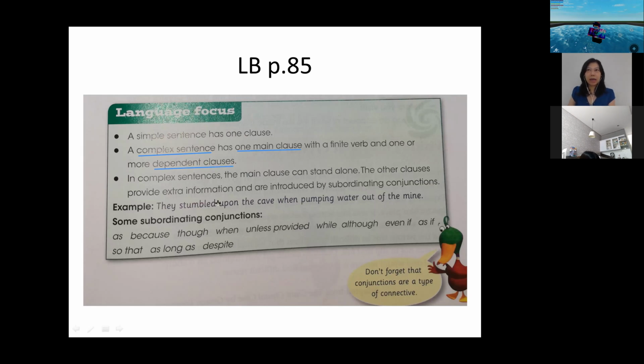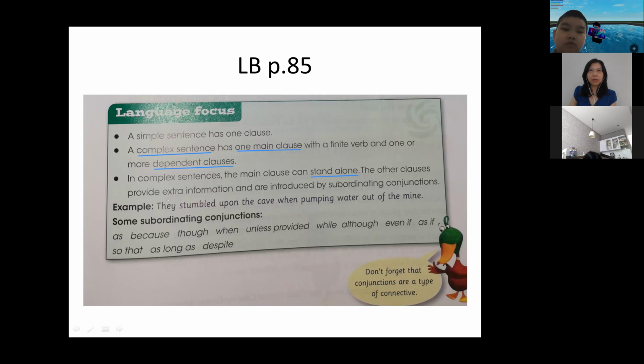Okay, what is the meaning of that? Just bear with me. In a complex sentence, the main clause can stand alone. See? This is the difference. The main clause can stand alone. The other clauses provide extra information and are introduced by subordinating conjunctions.